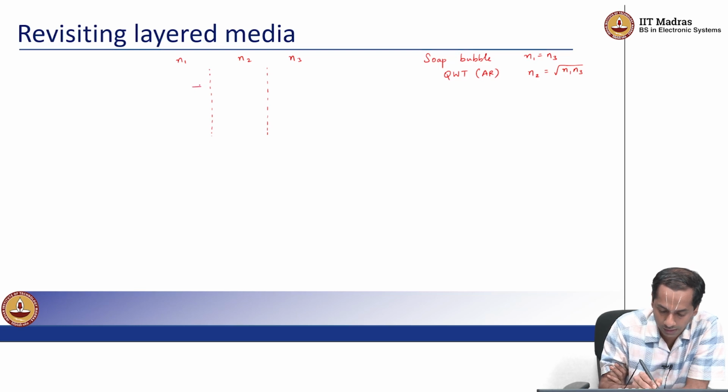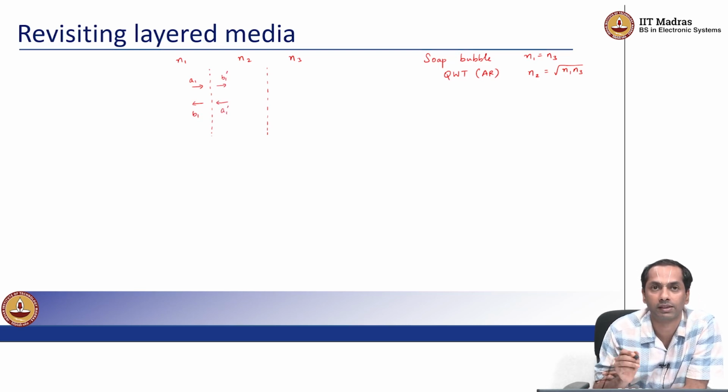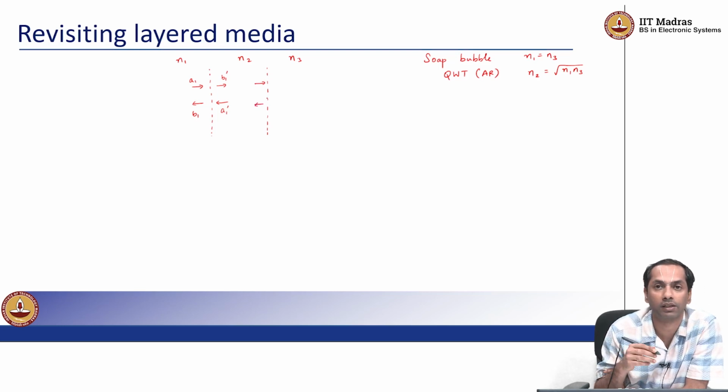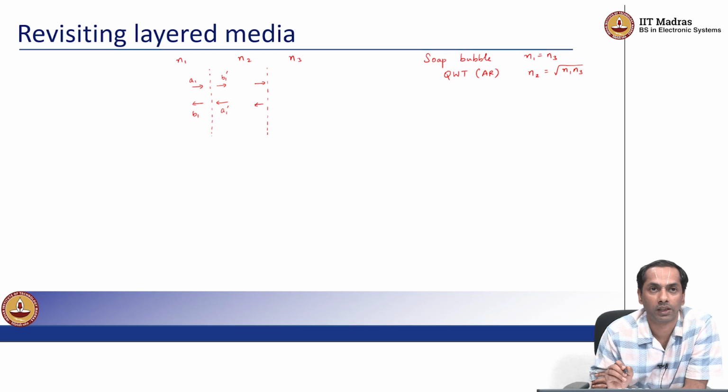So what I'm going to say is there's A1 and B1. Let's call this B1 prime and A1 prime, a fictitious port that is inside medium 2, with index N2, because what I measure is the net reflection into medium 1 or transmission into medium 3.